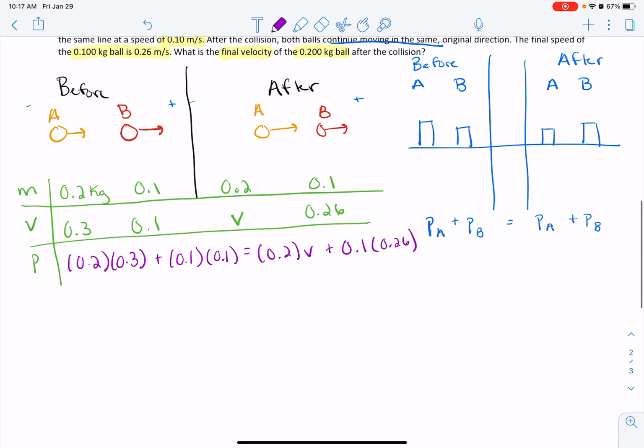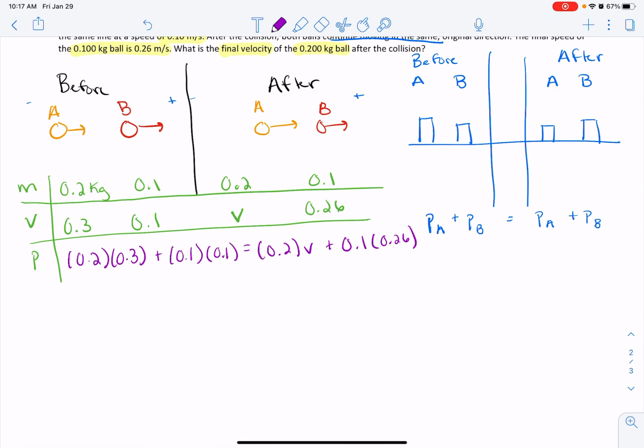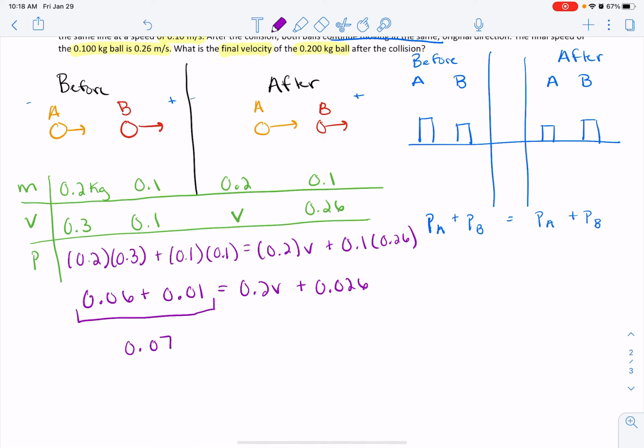Now let's take a look at how we got that. 0.2 times 0.3, if we put that on our calculator, we get 0.06, plus 0.1 times 0.1, which is 0.01, equals 0.2v plus 0.1 times 0.26, which gives us 0.026. I'm going to add this together, and I get 0.07 equals 0.2v plus 0.026.